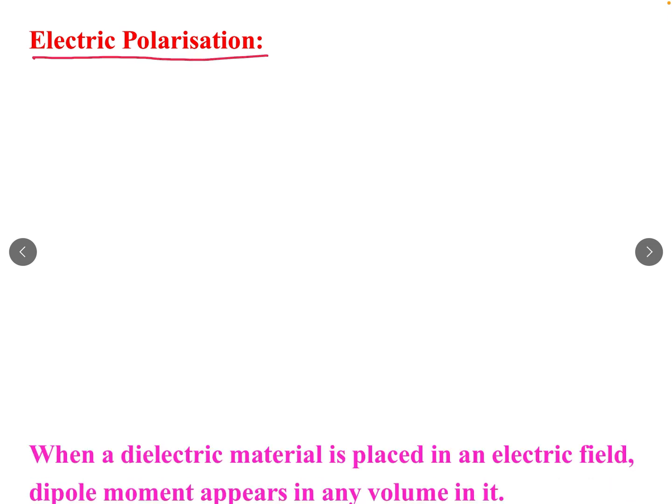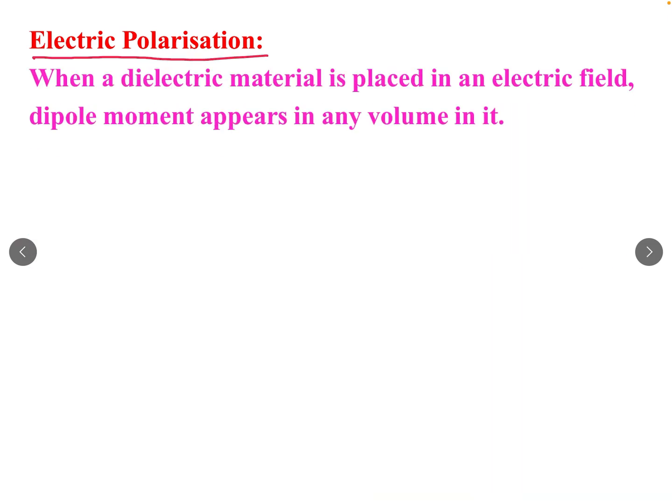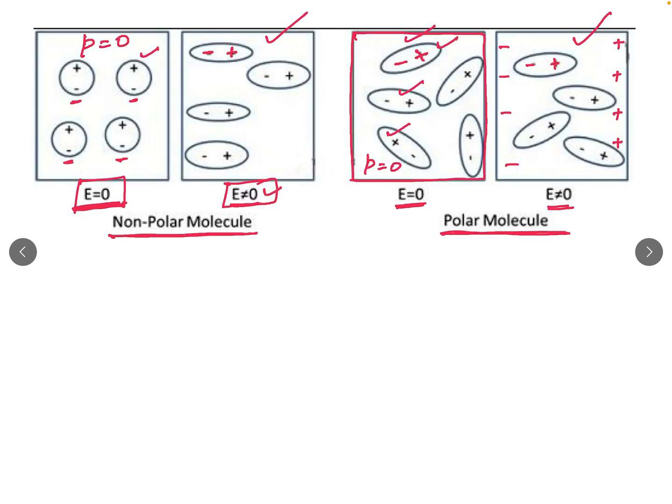Next topic is electric polarization. When a dielectric material is placed in an electric field, a dipole moment appears in any volume in it. As we have studied in the previous diagram, when these materials are placed inside the electric field, dipole moment is there.